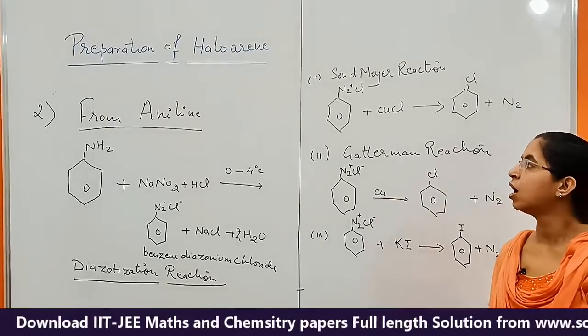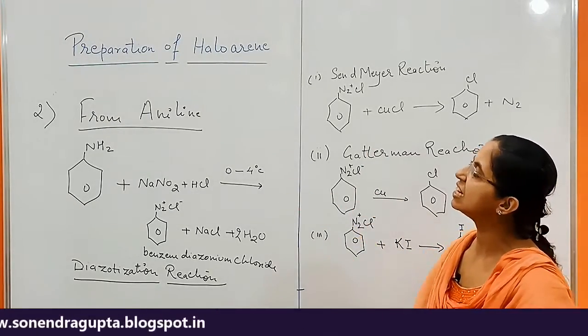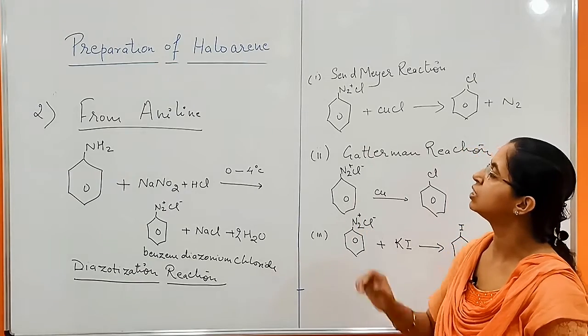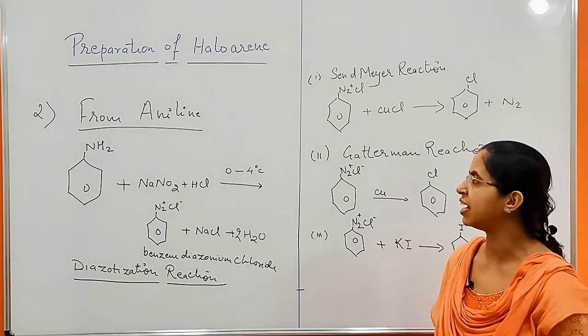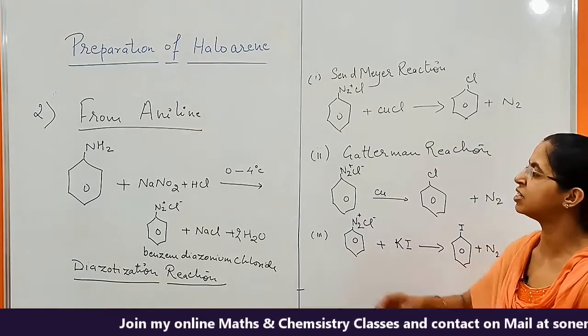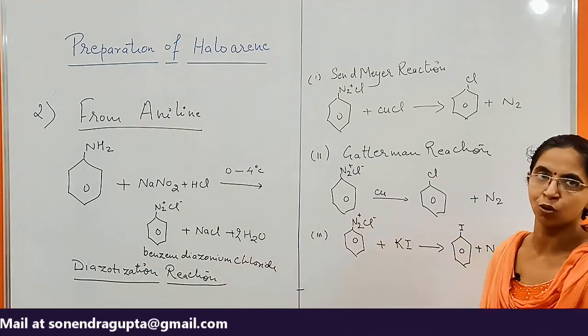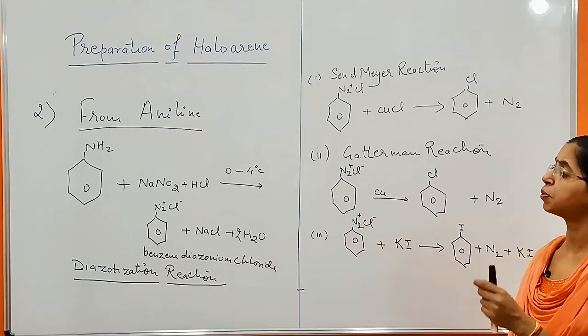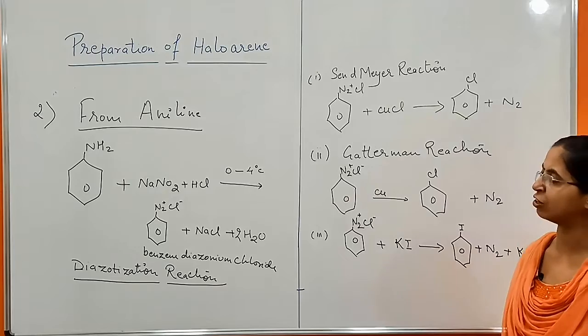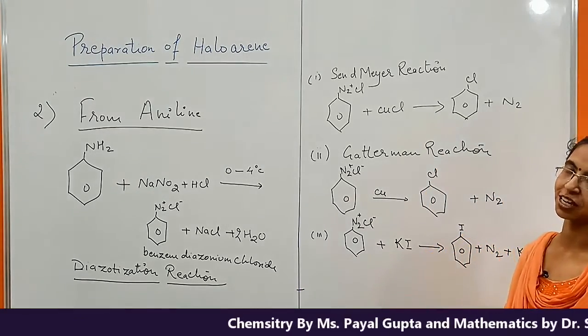Now when we prepare compound from aniline, aniline is going to react with sodium nitrite with HCl at 0 degree centigrade. So it is going to prepare benzene diazonium chloride, which is a preparatory substance for any halogen compound, and this is known as diazotization reaction.